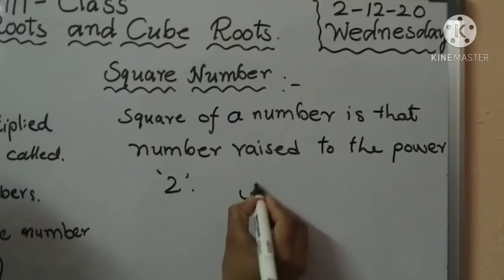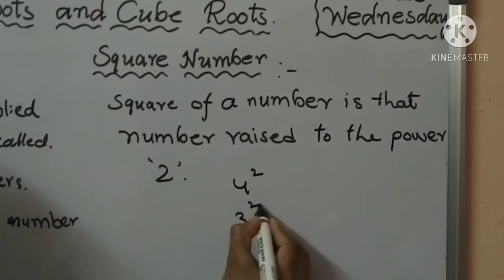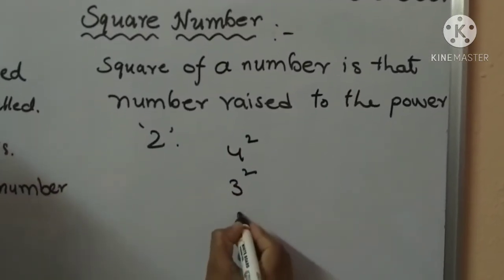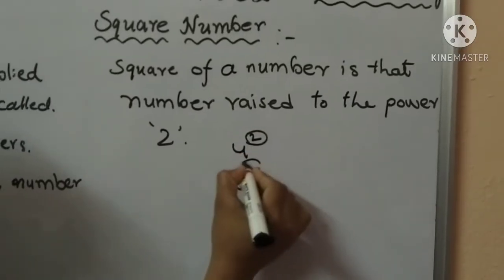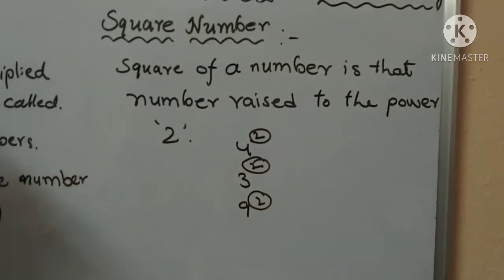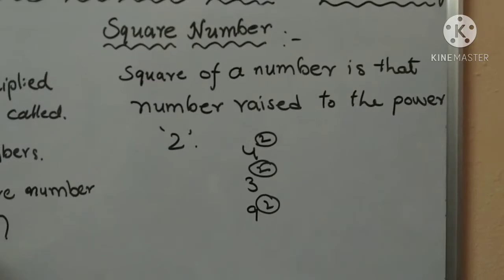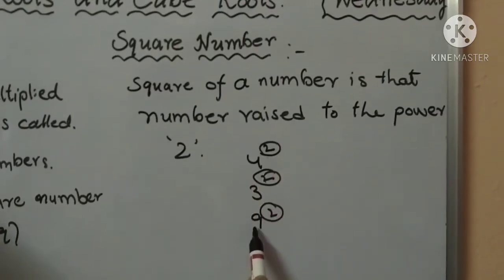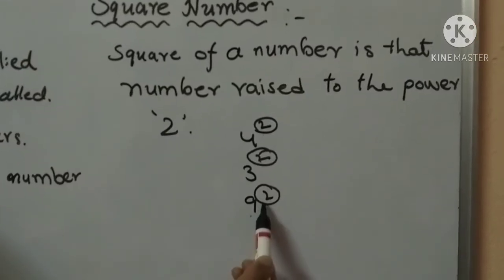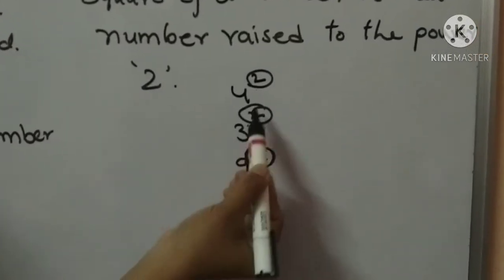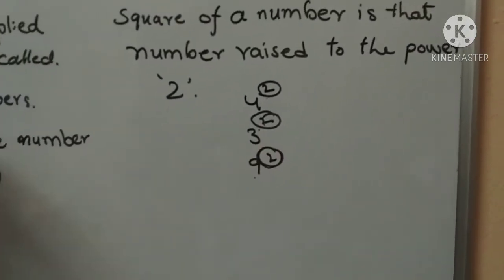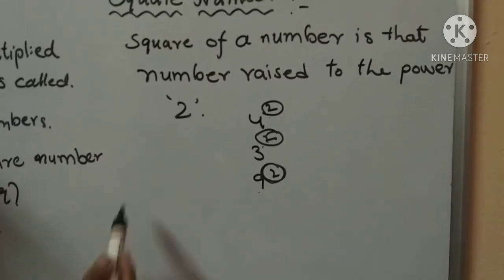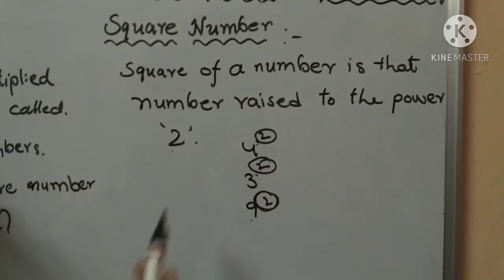For example, 4 square, 3 square, 9 square, like that. The power is always 2 for a square. Did you understand, children? Any number squared means the power is 2.